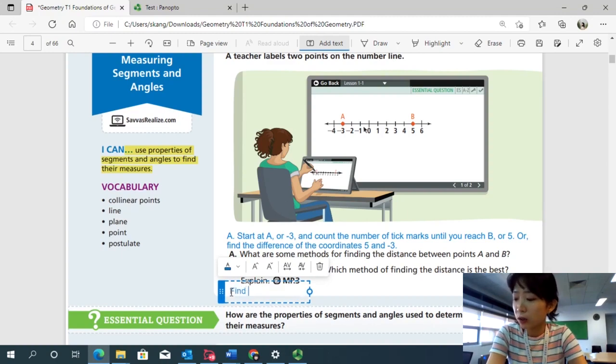So let's choose finding the difference of the coordinates as the best for us.